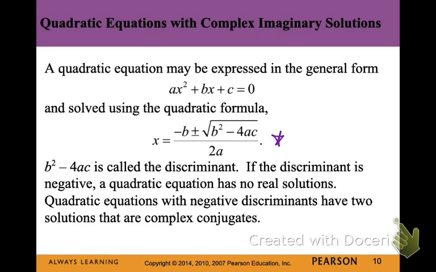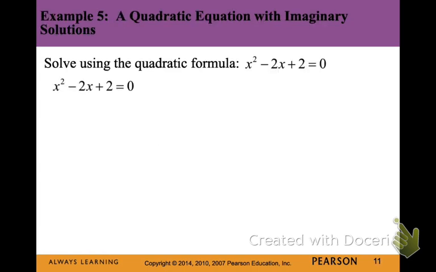The discriminant will give you a prediction of how many and what type of solutions you have. If your discriminant is negative, then a quadratic equation has no real solutions. But quadratic equations with negative discriminants have two solutions that are imaginary, and they are complex conjugates.